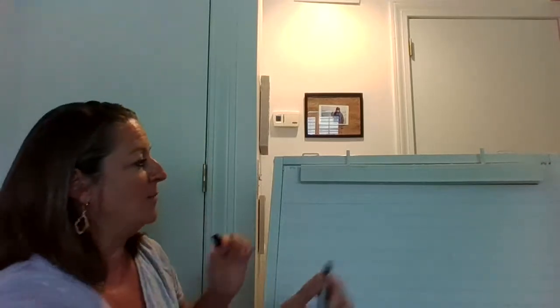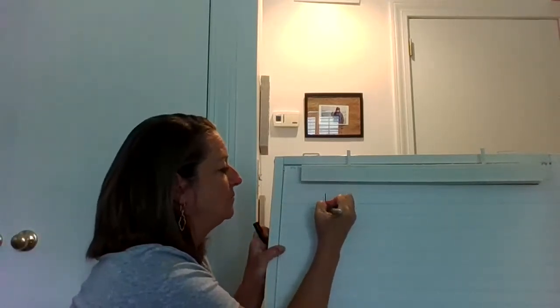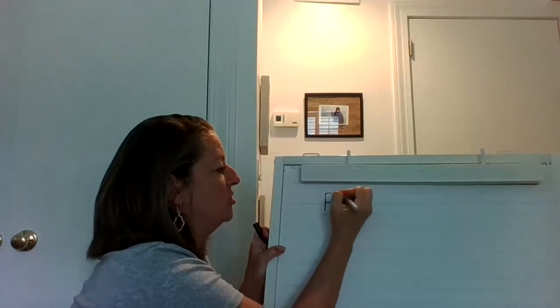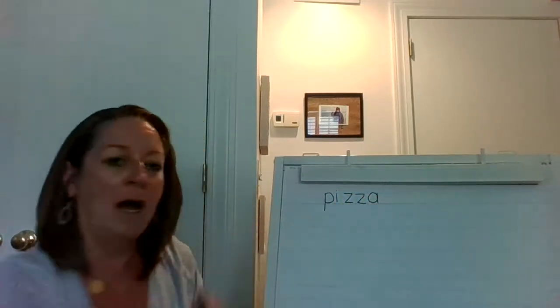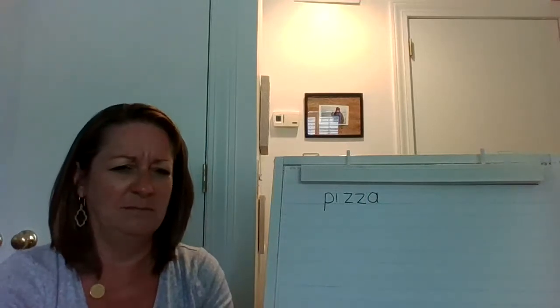I would love to write about my favorite food. And my favorite food is pizza. So I'm going to be writing about pizza. Now, I could just say, I like pizza.